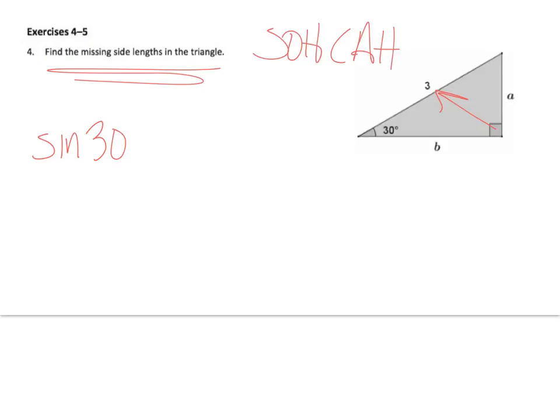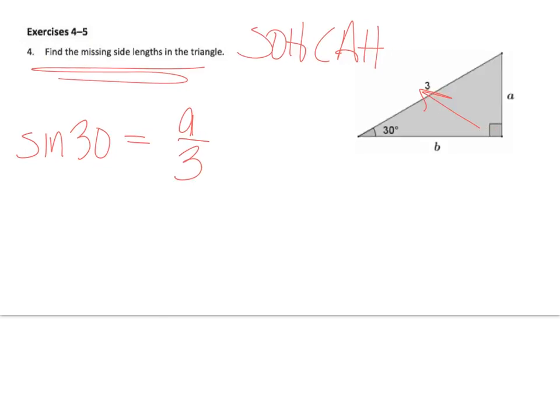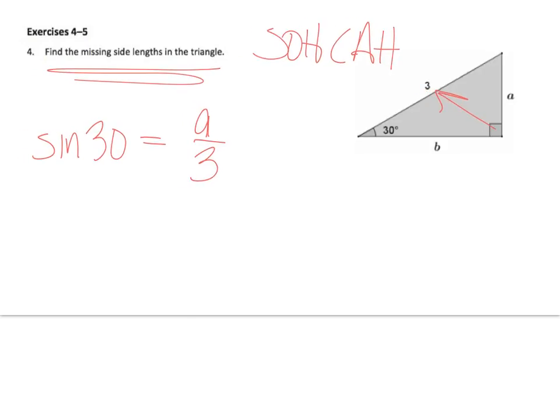Opposite over hypotenuse. So sine of 30 equals opposite over hypotenuse. If you compare that to the table in the previous slide, your ratio for sine of 30 is 1/2 for that basic triangle.